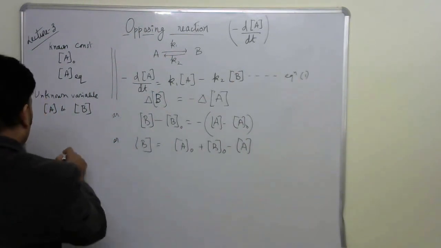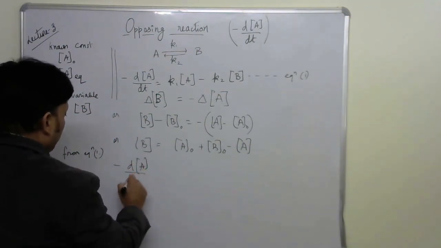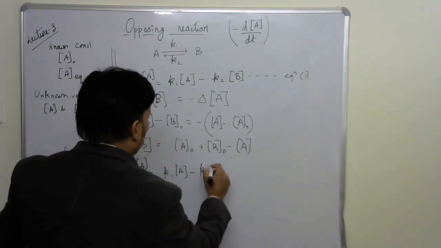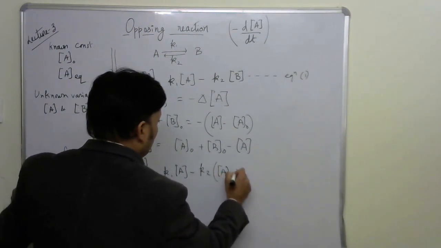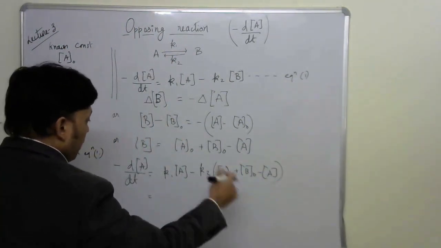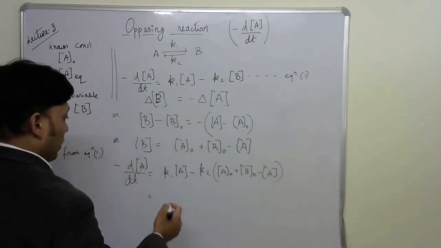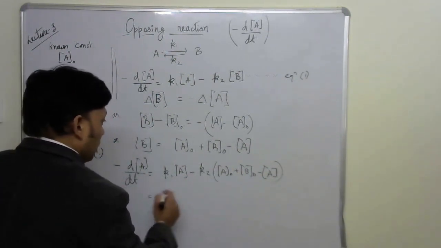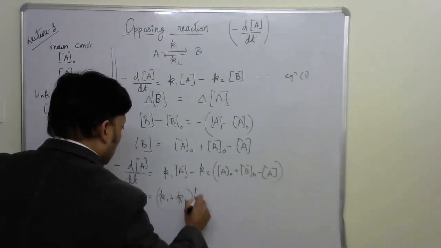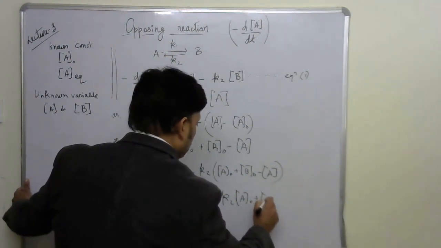So from equation 1 we get minus dA/dt is equal to K1A minus K2, and we have this expression A naught plus B naught minus A. If we rearrange that, because we have K1A here and K2A here, this becomes K1 plus K2, whole multiplied by A, minus K2 times A naught plus B naught.